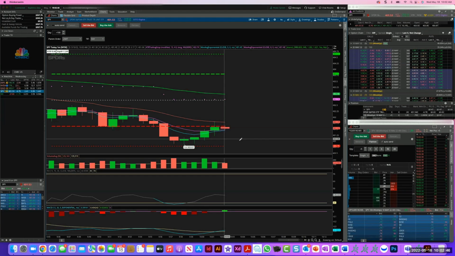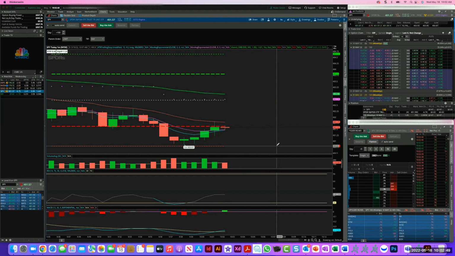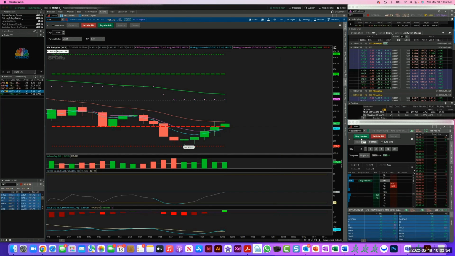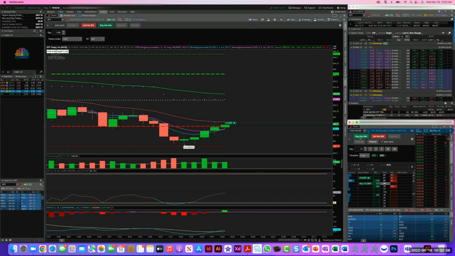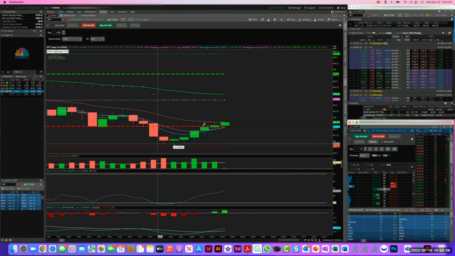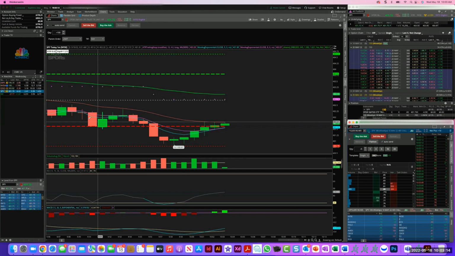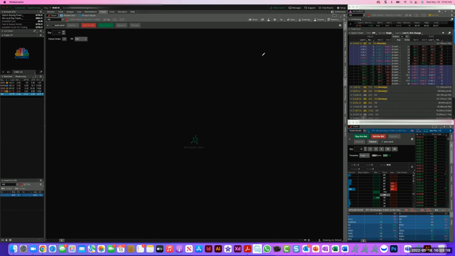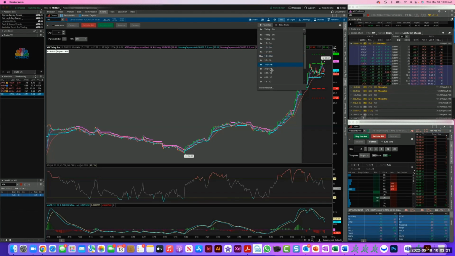All right, more volume coming in. So it looks like we may have hit a bottom at $400.87 on the SPY. But again, that VIX still has room to the upside.